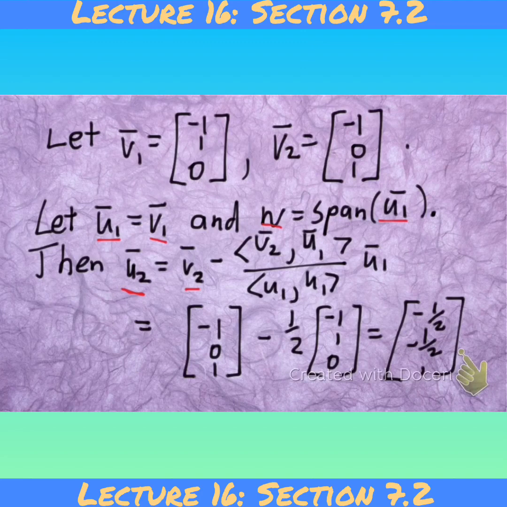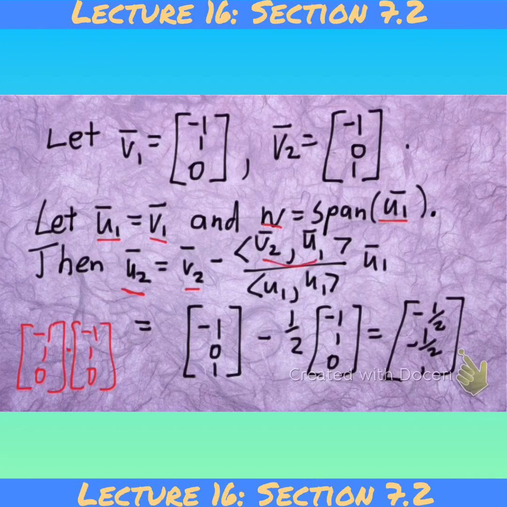Now the norm of u1 squared, if we look at the dot product between u1, which in this case is that vector there, minus 1, 1, 0 and minus 1, 1, 0, that is going to be 2. So therefore we get 2 there.